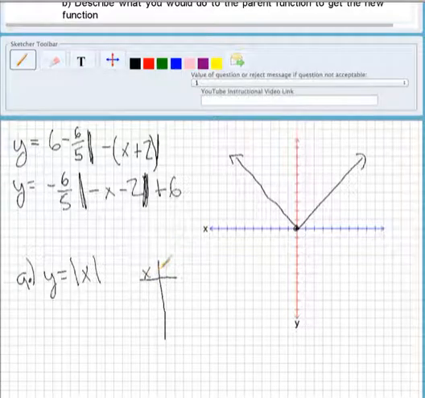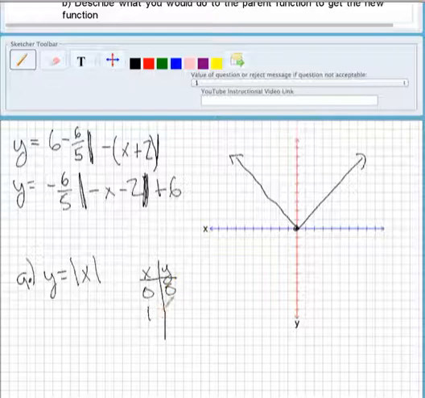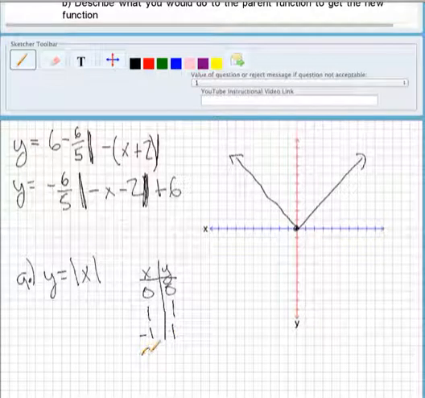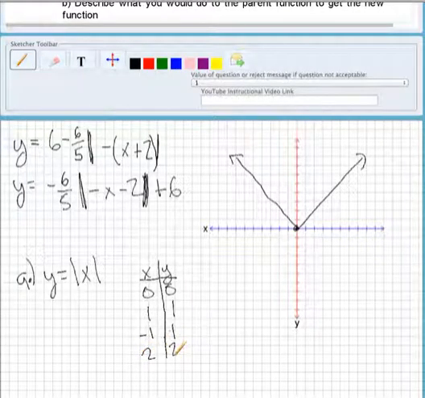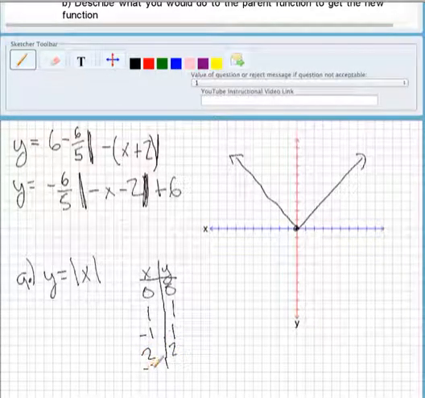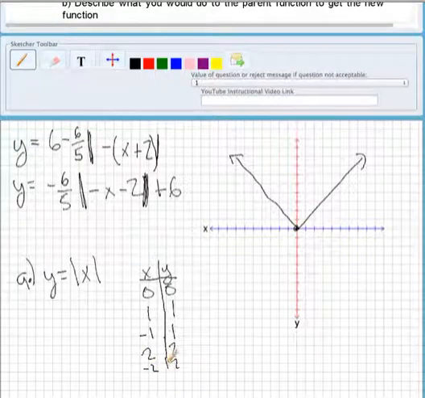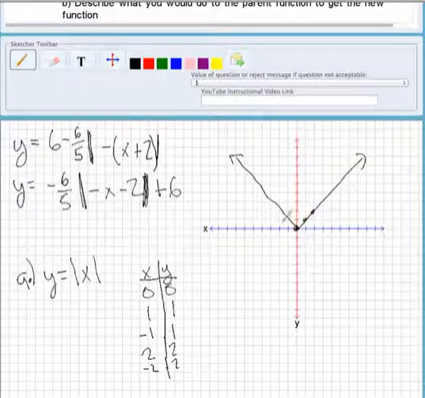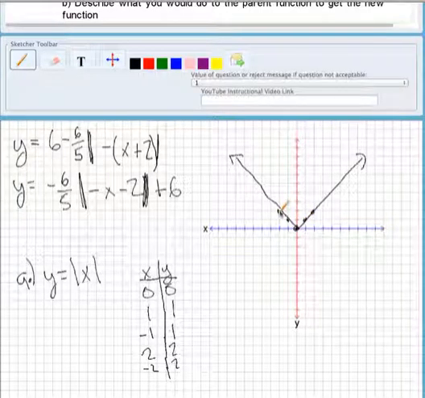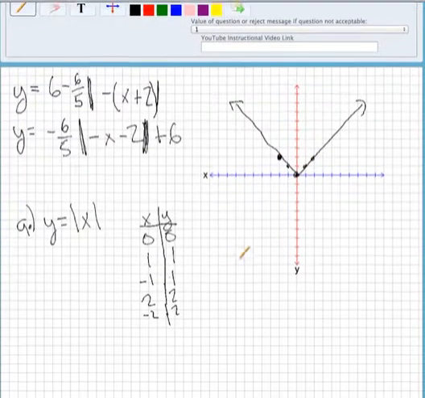So when x is 0, y is 0. When x is 1, y is 1. When x is negative 1, y is 1. When x is 2, y is 2. When x is negative 2, y is 2. All right? So those are all of our points that we graphed and had in our table.